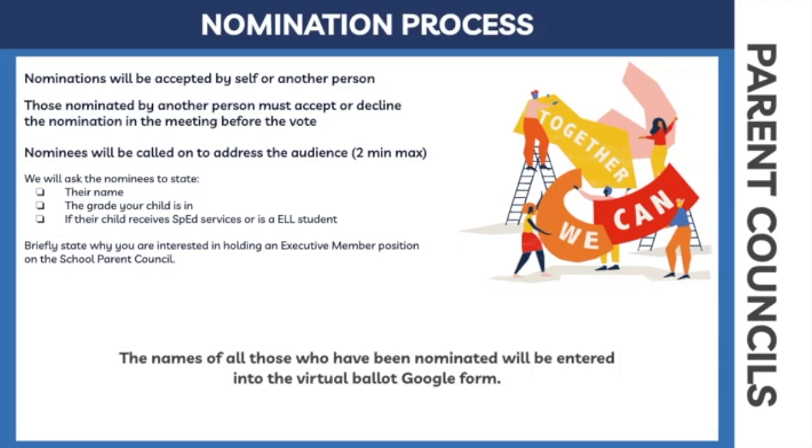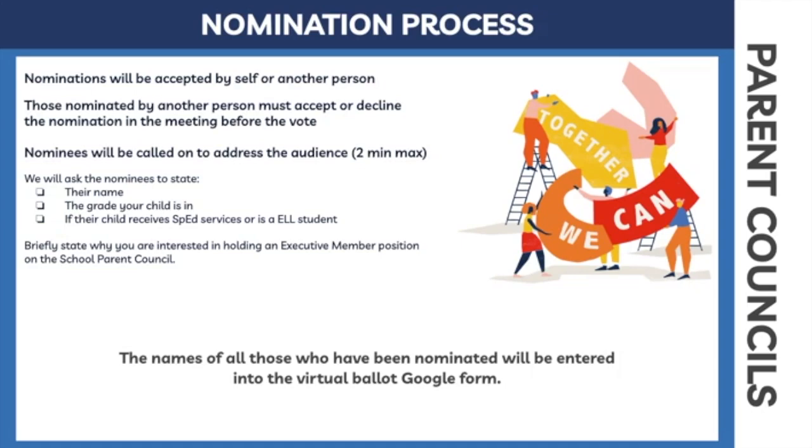So basically, you can nominate yourself if you feel you are interested and qualified to fill a seat, take a position, or you can nominate someone else for a position. Those nominated by another person, however, must accept or can decline that nomination in the meeting before the vote.